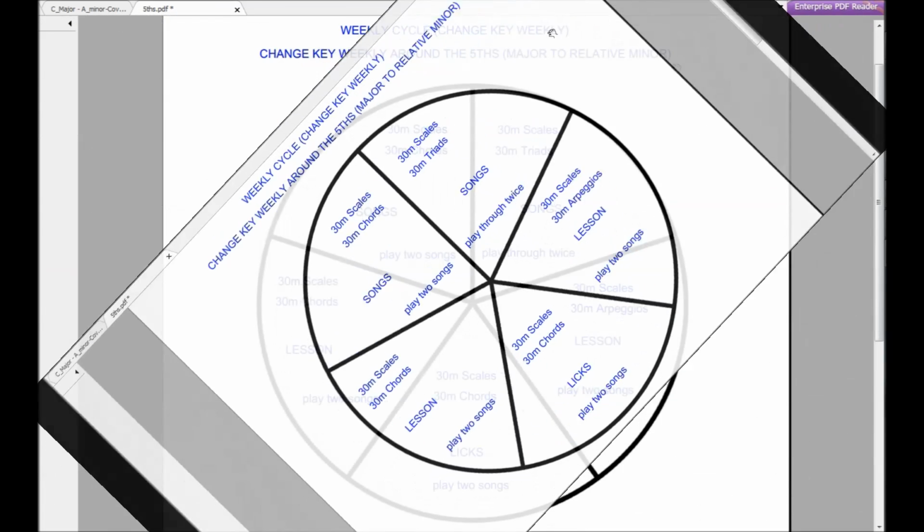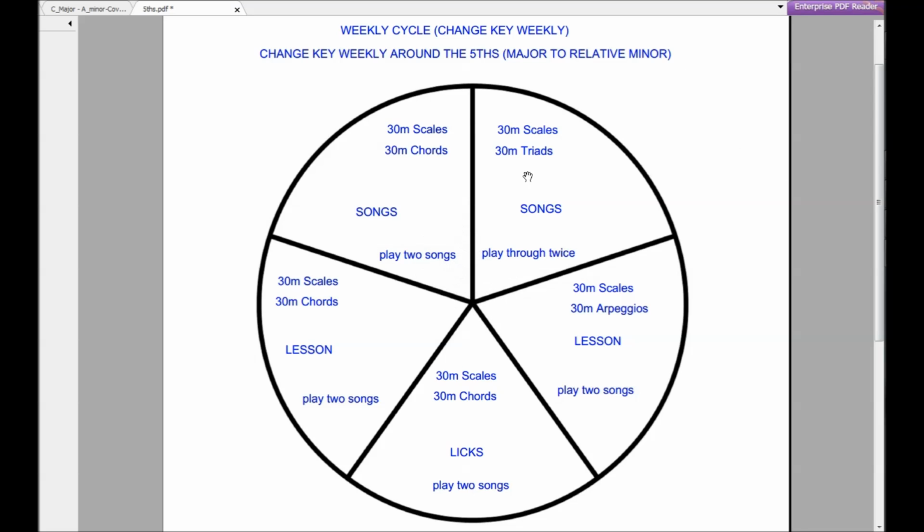I should have mentioned there that when you're learning triads and chords and arpeggios and even licks as well, it's good to move them around the circle of fifths and learn them in all keys, because even licks, if you learn a cool lick and you only learn it in one key, you're kind of limiting yourself to what songs you can play it to.